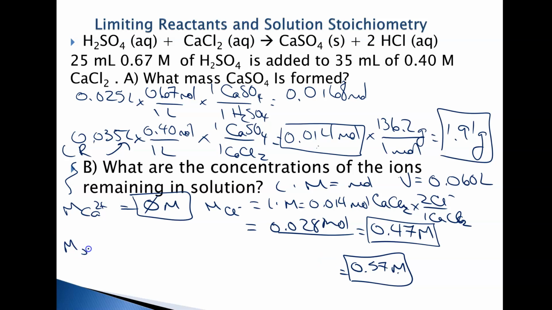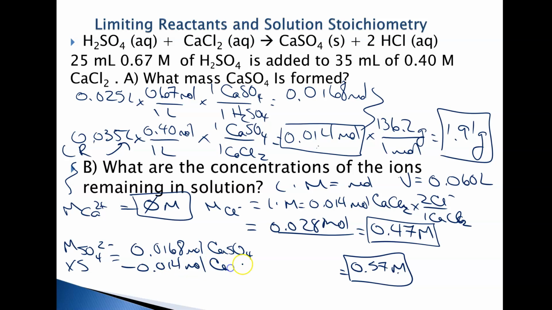So for the molarity of the sulfate, anytime you're going to find excess, you have to subtract somewhere. I'm going to take these two numbers and subtract. If I do 0.0168 moles of CaSO4, and I subtract 0.014 moles of CaSO4, what I have subtracted is the moles of CaSO4.